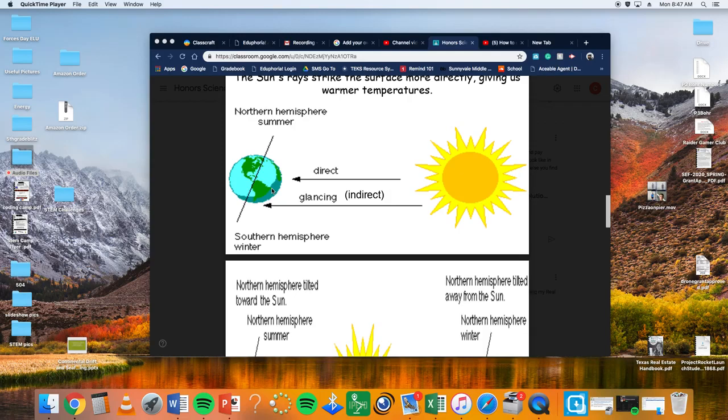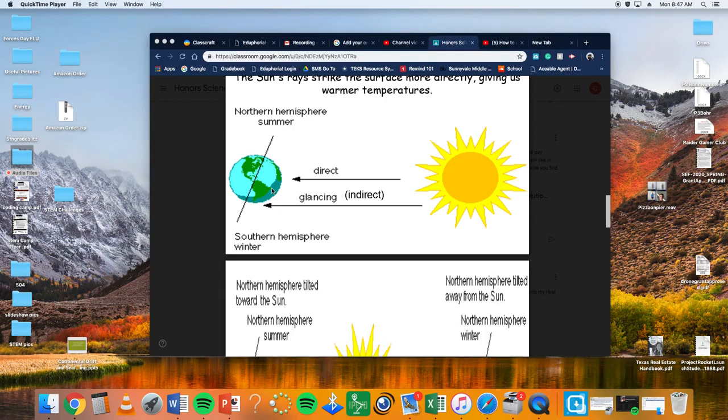I talked about that in class, how if you take a flashlight and put it in somebody's eyes, it's intense, it's bright. But if you glance it or tilt it away, it's not as bright. That's the same exact phenomenon that's happening with the sun, and what causes it to be very hot during the summertime, and during the wintertime, still super cold outside even when the sun's in the sky.